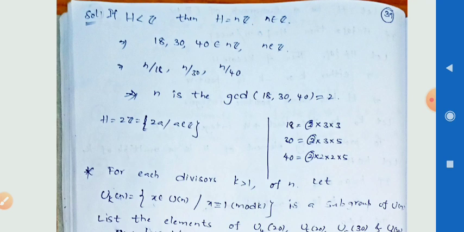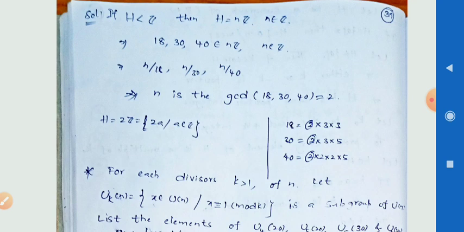Here n is the GCD of 18, 30, 40, which is equal to 2, meaning the GCD value is 2. Therefore the subgroup H must be H equal to 2Z, the set of 2a such that a belongs to Z.